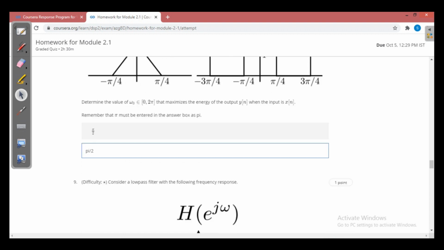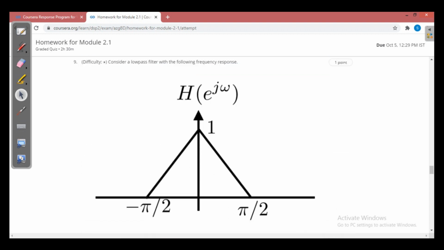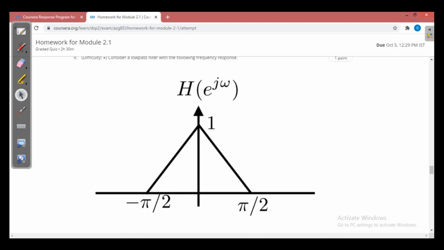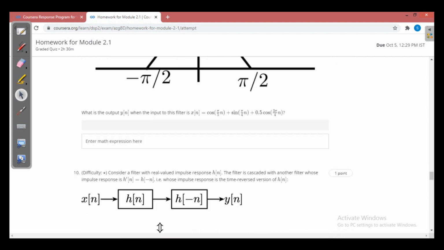Okay. Now the ninth one, consider a low pass filter with the following frequency response. Okay, h of e power j omega is given, which is from -π/2 to +π/2. What is the output y of n when the input to the filter is x of n?